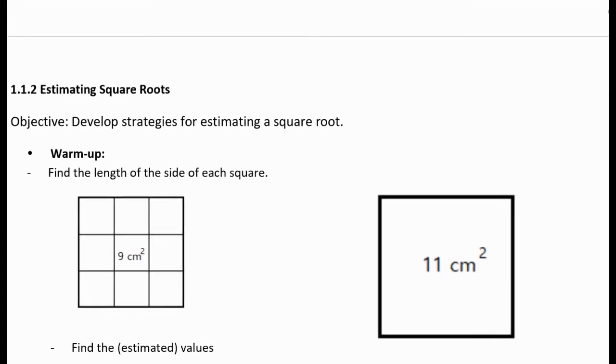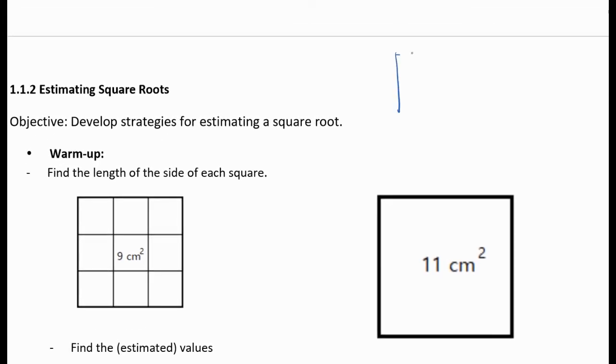Okay everyone, so we learned how to find the area of a square. Say we have a square like this and the length is 5 centimeters by 5 centimeters. How do you find the area inside? We can just multiply 5 and 5, which is 25 square centimeters.